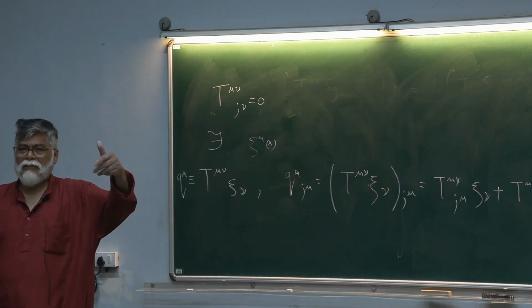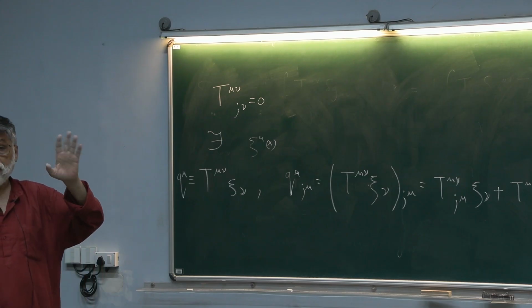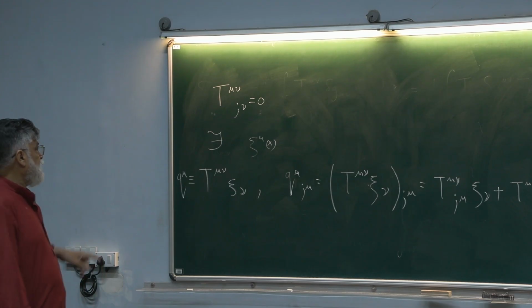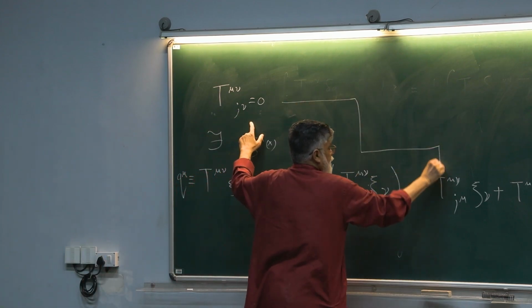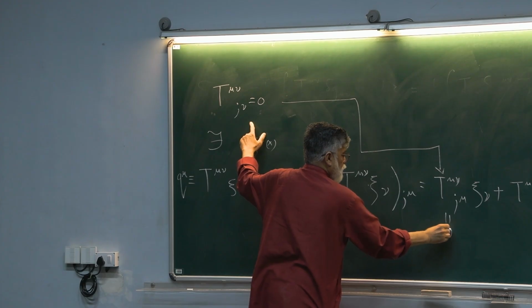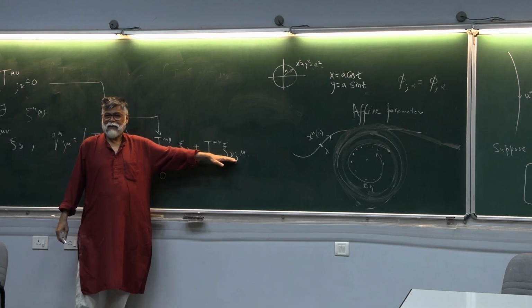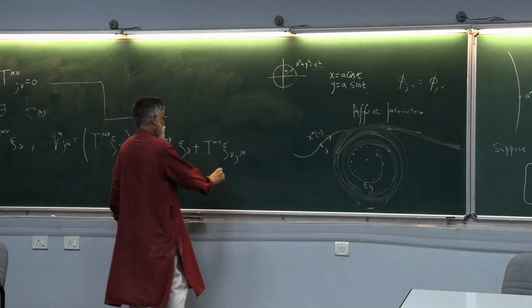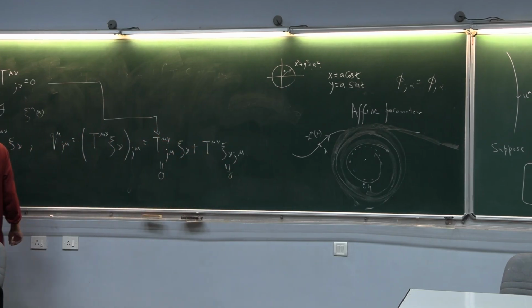Remember, the energy momentum tensor is symmetric, T^{μν} is same as T^{νμ}. But T^{μν} is symmetric, ξ_{ν;μ} is antisymmetric, so this is also 0. So we have the result that the quantity q^μ_{;μ} is 0.